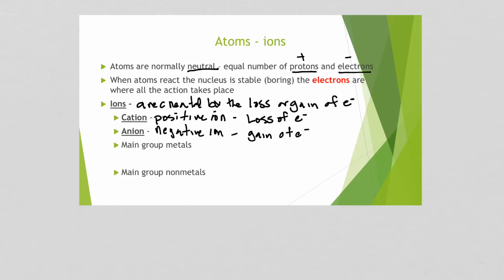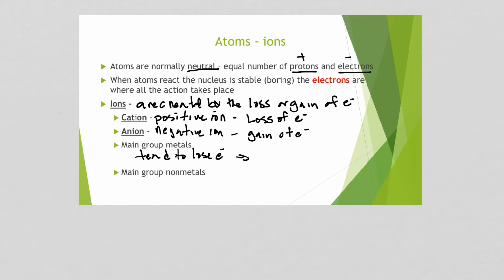Now, what species tend to form these ions? Well, if we look at main group metals, so remember main group, right? Those are the first 2 columns and the last 6 columns. So main group metals will tend to lose electrons.